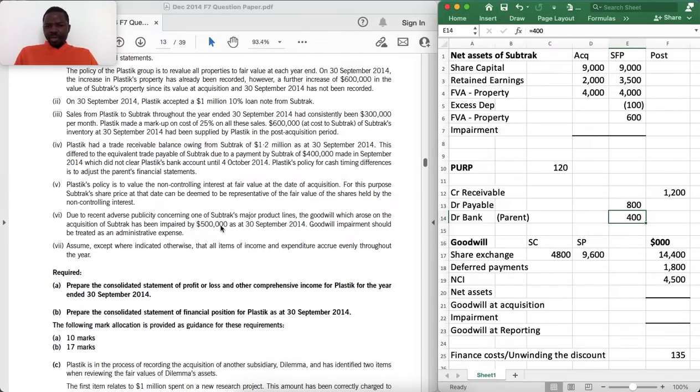Now let's continue. We've already dealt with note number 5. Note number 6, there is an impairment of 500,000. As we are measuring the NCI at fair value, so we can put the 500 here under net assets. There is no other note that needs our attention. Now we can sum up everything that we have here.